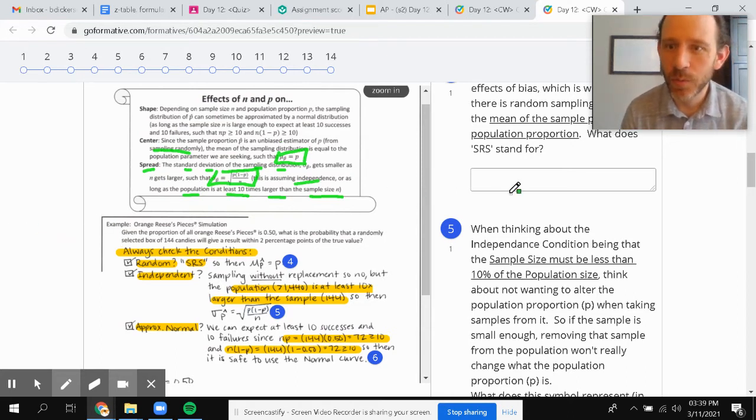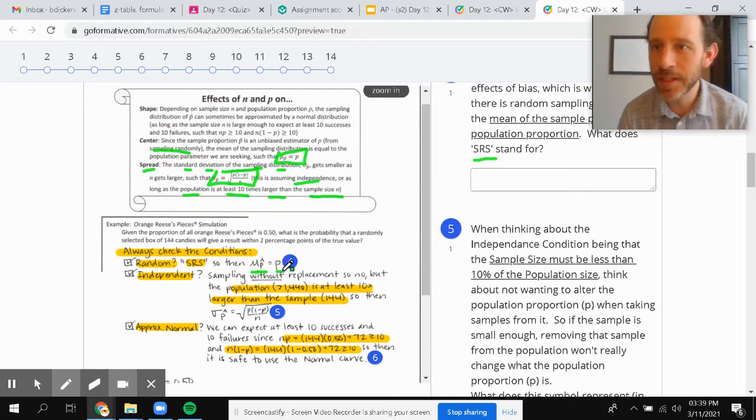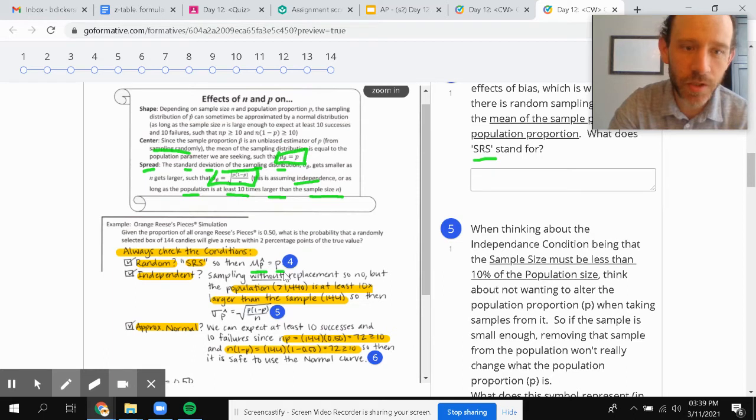So what is an SRS? That's number 4 here. What does SRS stand for? We talk about the mean of a sample proportion, or the mean of our sampling proportions, will equal the population proportion. That's an unbiased estimator. We get that by getting what is called a random sample, and SRS stands for simple random sample.